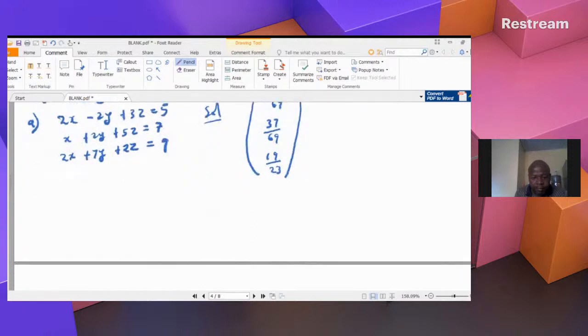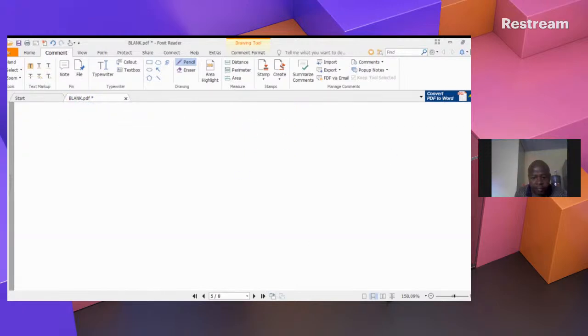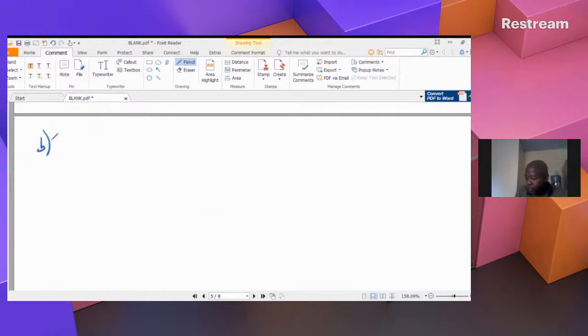Another question, B. I want you to try 2x plus 3y minus z is negative 2, x minus y plus z is 8, 3x minus 2y minus 9z is 9. 3x minus 2y minus 9z is 9.